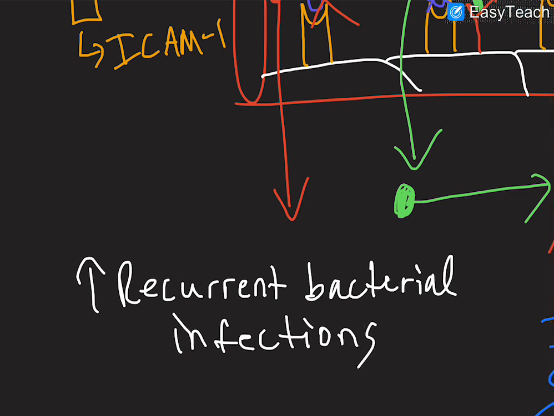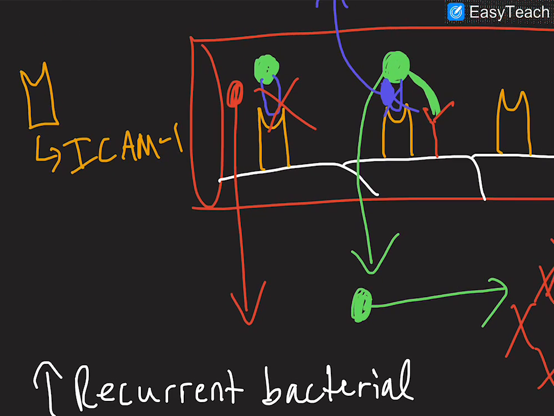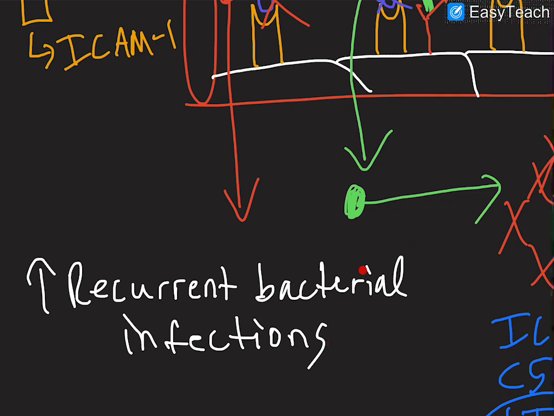That's one clinical finding that we can see. Again, if neutrophils cannot properly adhere to the cellular adhesion molecules, ICAM1 in this case, because they have a defective integrin, specifically the CD18 subunit, they cannot go to the site of infection, which means they cannot fight bacteria, so you're going to see recurrent bacterial infections.